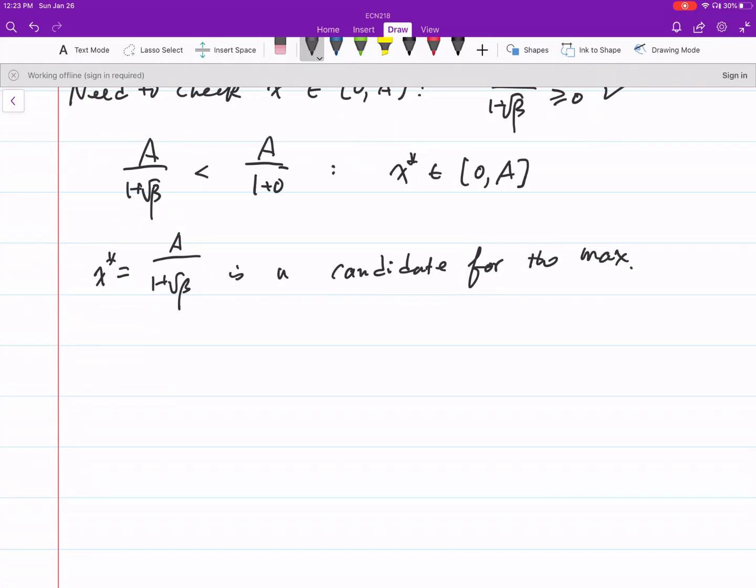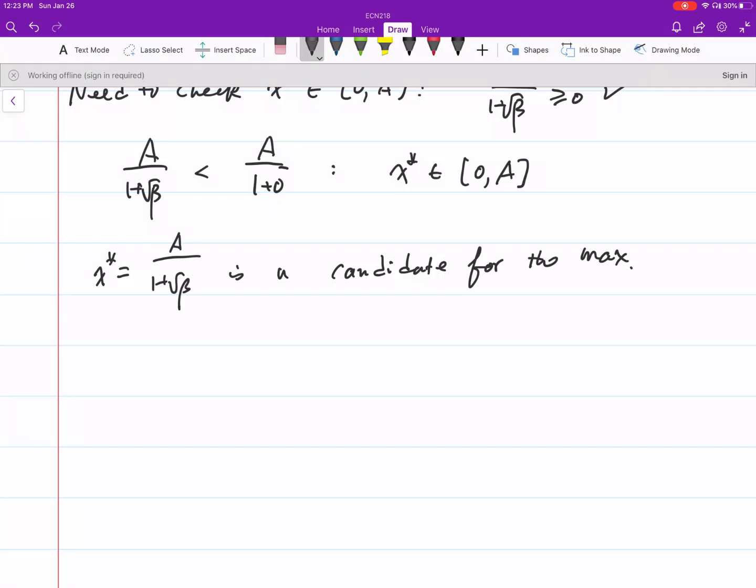We need to use some kind of test. Now, this time the derivative isn't too bad, so we're going to take the second derivative. We use the so-called second derivative test. But in other cases, you can use other kinds of tests, like trying to determine the concavity using derivatives, whether it's increasing or decreasing, and other methods.